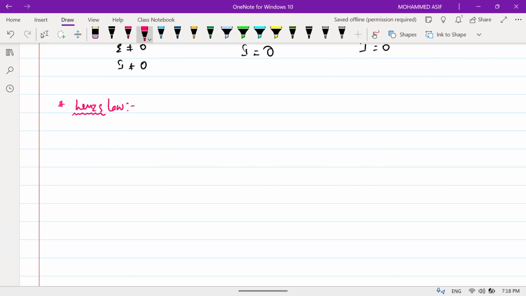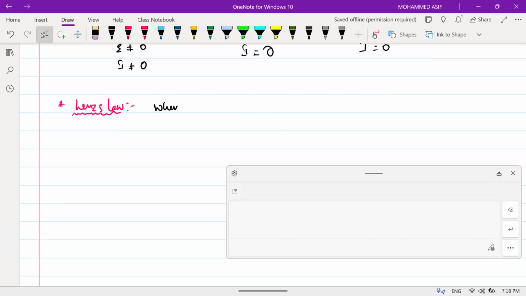Lenz has given me the direction in which the current is being produced. Faraday has given how the current is coming, and Lenz has told in which direction the current is being produced. Okay, see here.